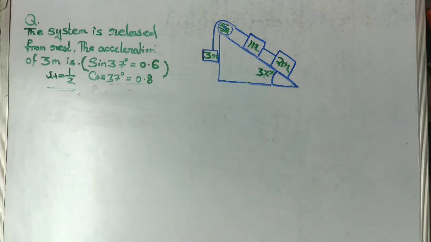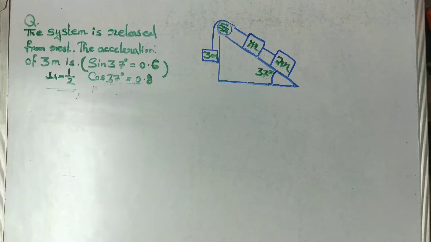The inclined plane is not frictionless. It has a coefficient of friction mu equals half.